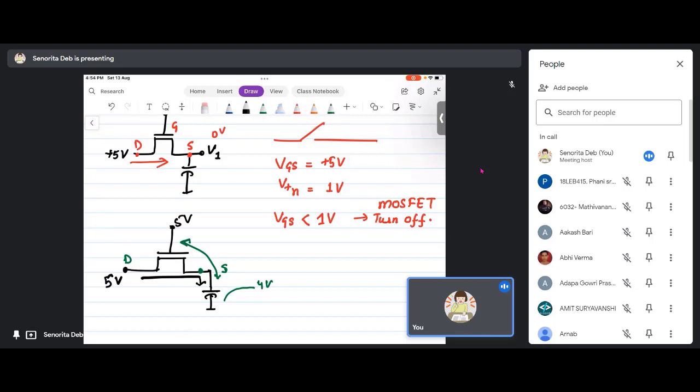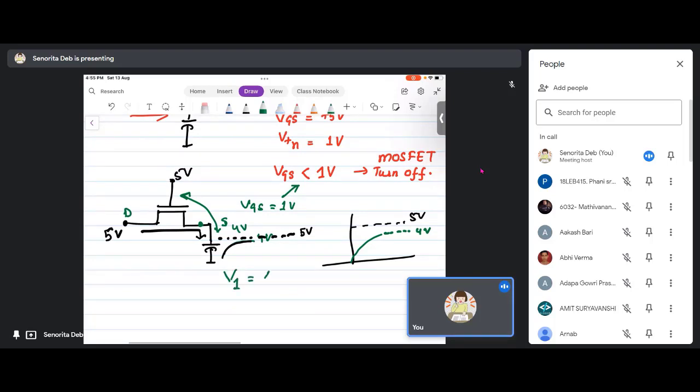The capacitor voltage wants to reach 5 volts. It is charging. It reached up to 4. At 4 volts, the VGS becomes 1 volt, and after 4 volts, the VGS becomes less than 1 volt. Your MOSFET turns off. Therefore, the voltage V1 is 4 volts.